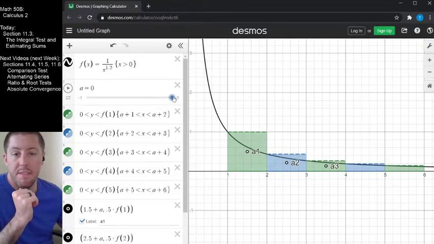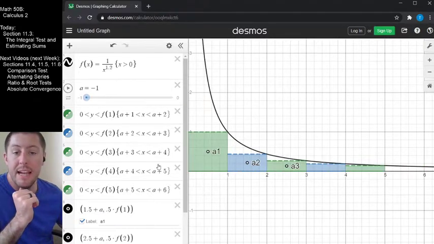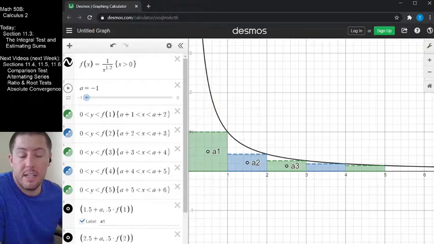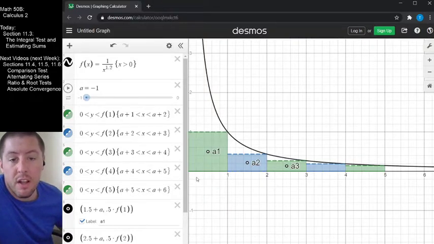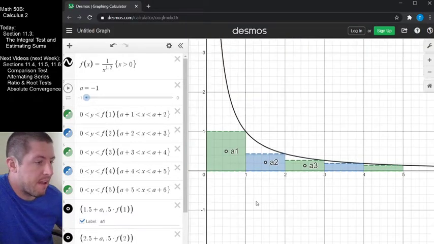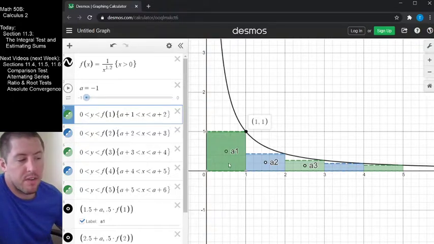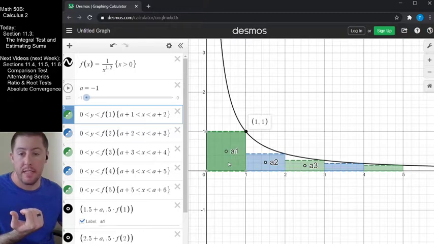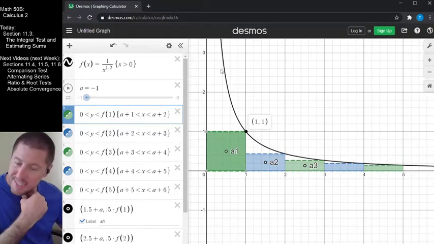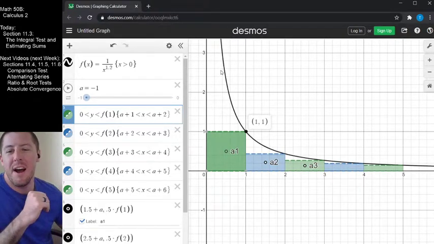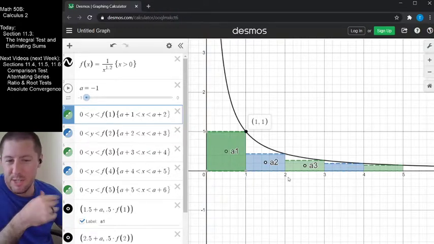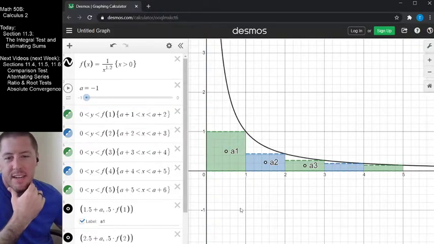And alternatively, if I started the integral here, it looks like our diagram starts at 1, right? So if our height at 1 is the first height that we're actually measuring, then we can do another integral right here. Excuse me, the integral here is guaranteed to be an overestimate of the value of the sum, which is represented by the blocks that are sitting out here, right?